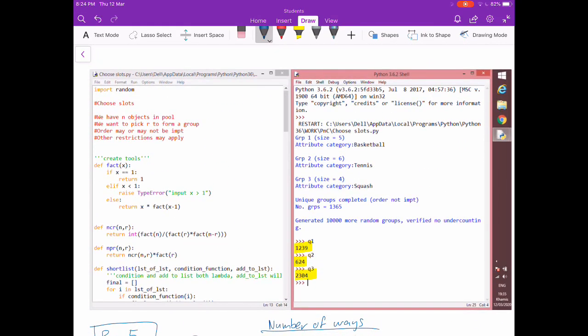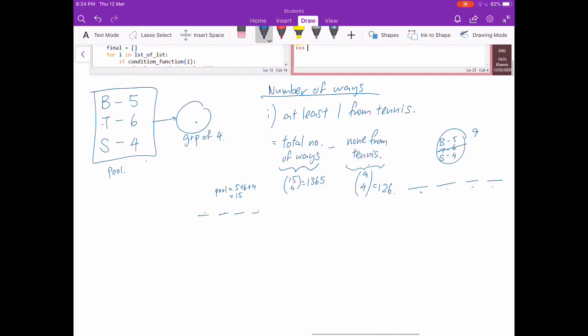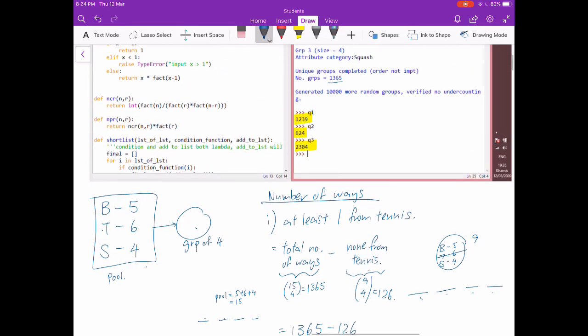Just a side note, 1365 was what was given, correct? I mean, what we calculated on the computer. Okay. So we have, let me write it out nicely. Do computation, you'll get this answer, 1239. Check.